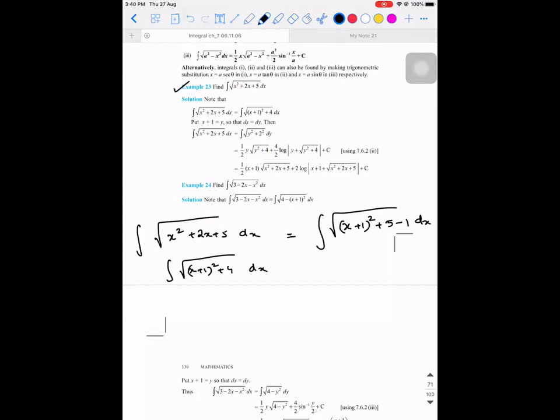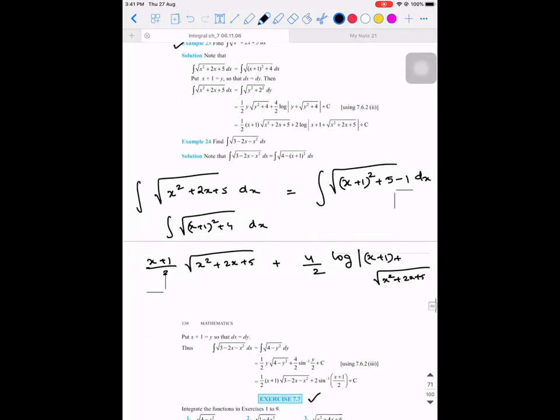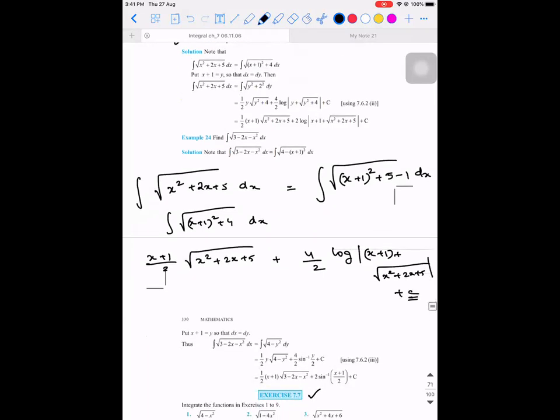What will be the answer? x plus 1 by 2 into root of x square plus 2x plus 5 plus a square by 2 log of x plus root of x square plus 2x plus 5, plus c. I hope it is clear.